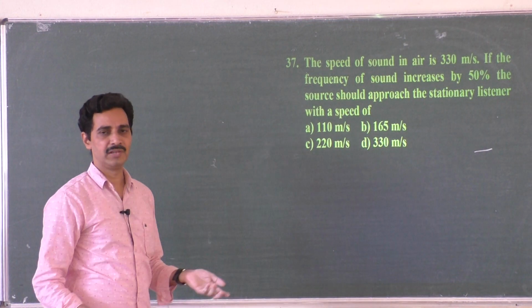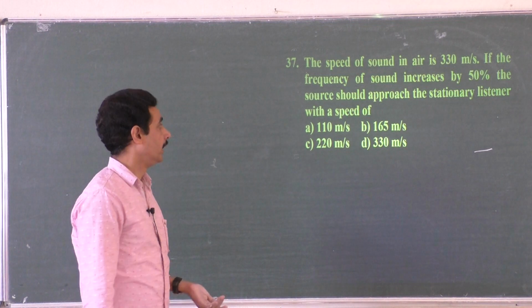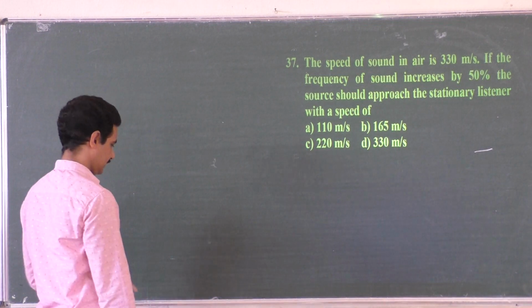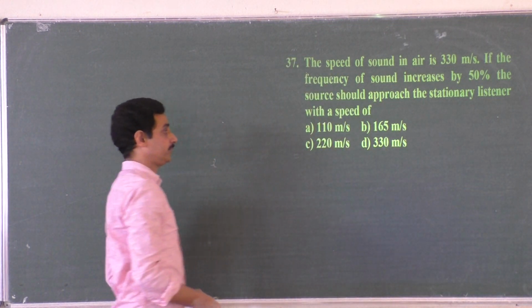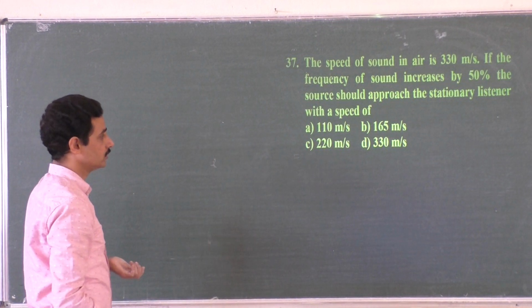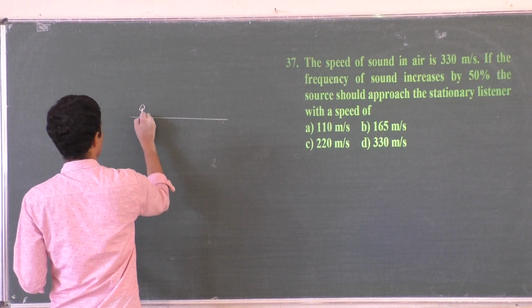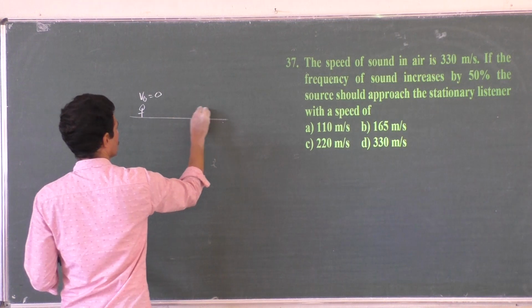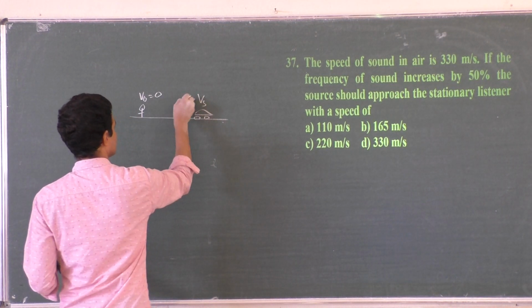Or 150. If you take the original frequency as 100, the new frequency will be 150 units. Listener at rest, the source should approach the stationary listener.